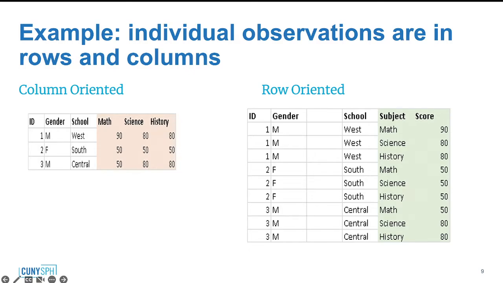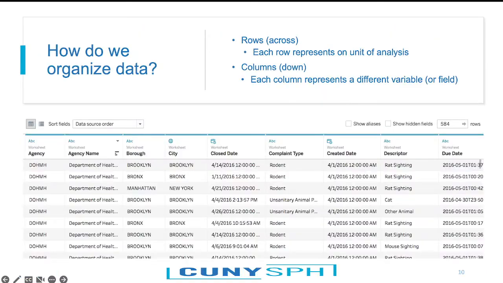But we need to understand that the way that we organize data is going to give us different functionalities, and one of the first tasks that we need to accomplish is to be able to transpose or organize data.